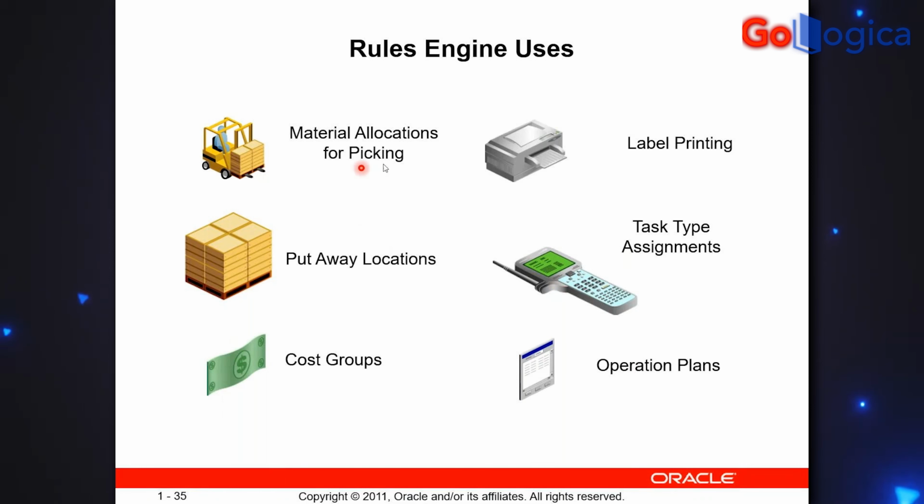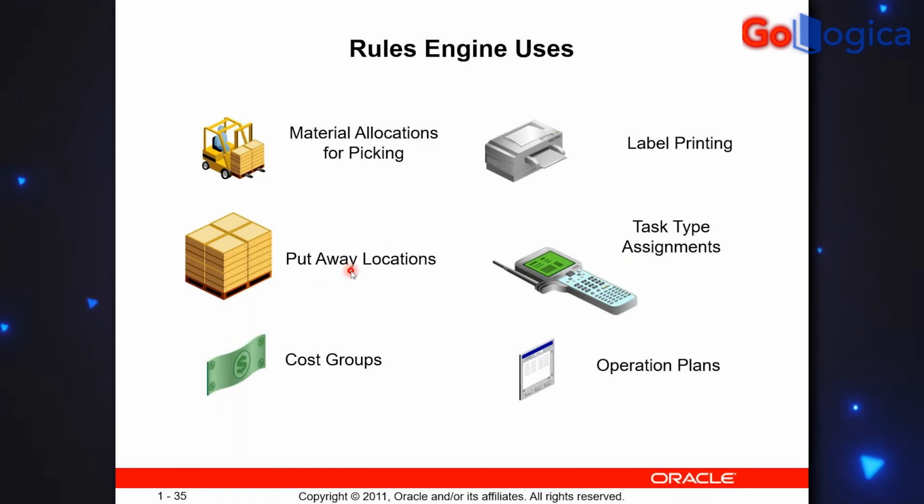If you see the material allocations for picking, we have a lot of materials, but which of them should be picked based on what picking methodology you want, first in first out or last in first out? What restrictions do you want to place there? What are your stacking norms? All those things can be set up using your rules engine.